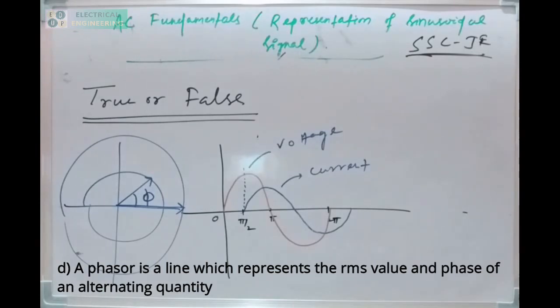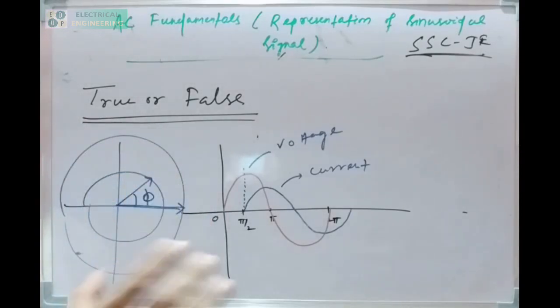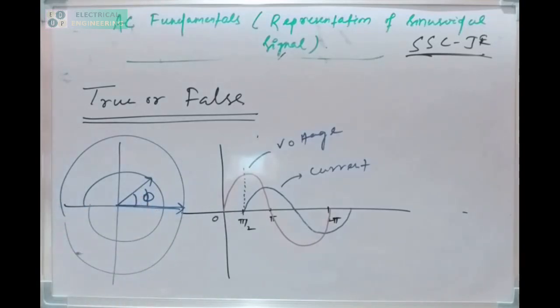So option D is true. If it is a complete phasor, it has a phasor line which represents RMS value, and this angle represents the phase angle. Okay.